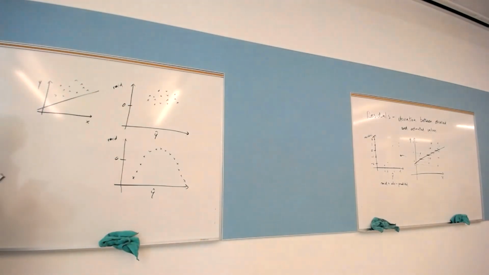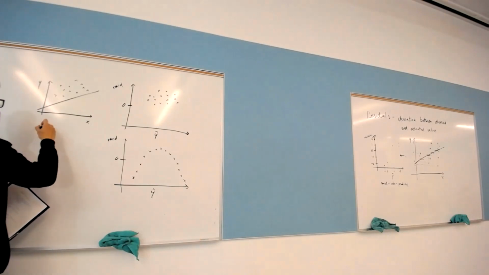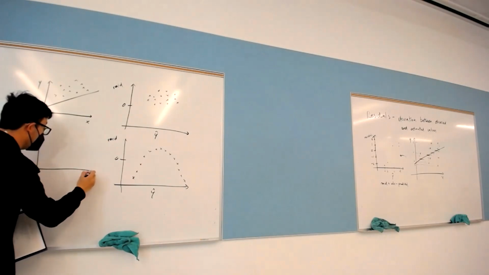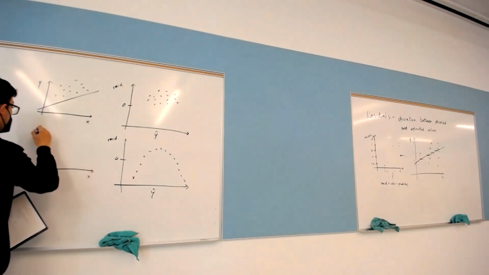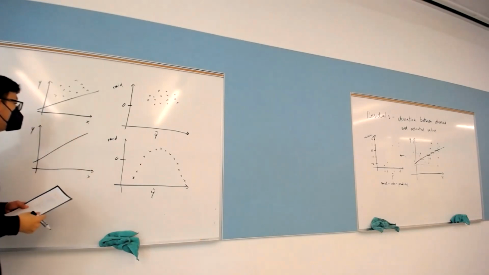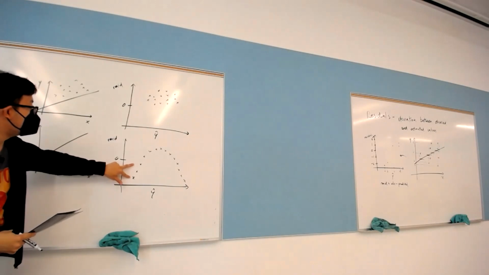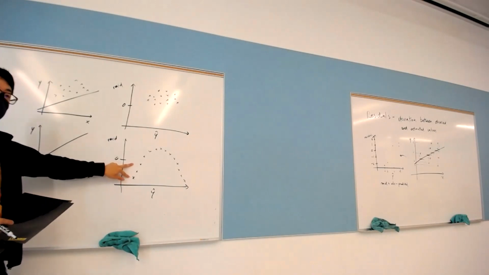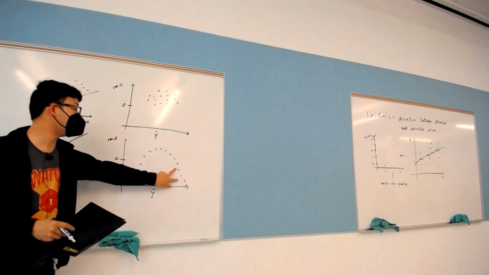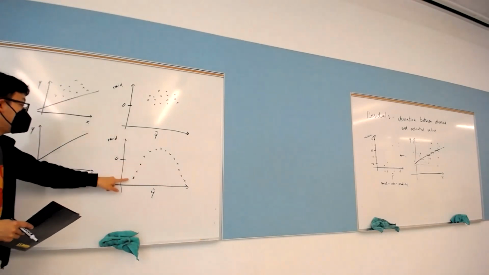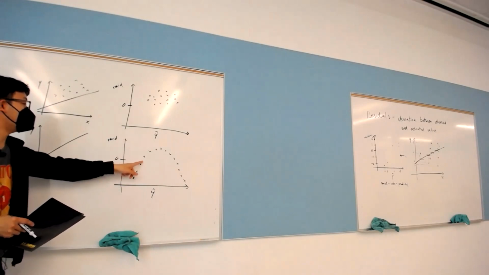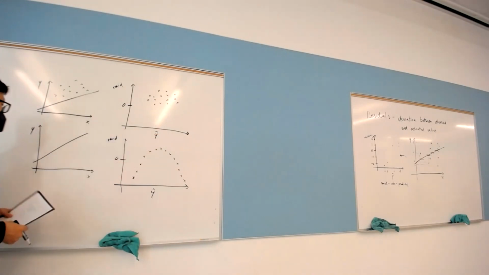Okay, now let's think about this one. What would this one look like? So here's my X, here's my Y. Let's say I have a line here. So we'll notice the first 3 points are negative, and then the last 3 points are positive, and they're sort of large negative going to smaller, and then small positive going to bigger positive.